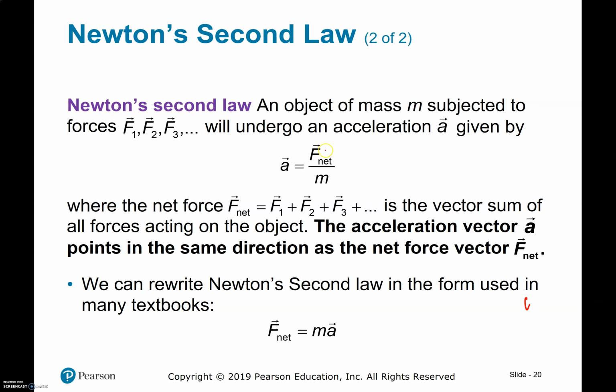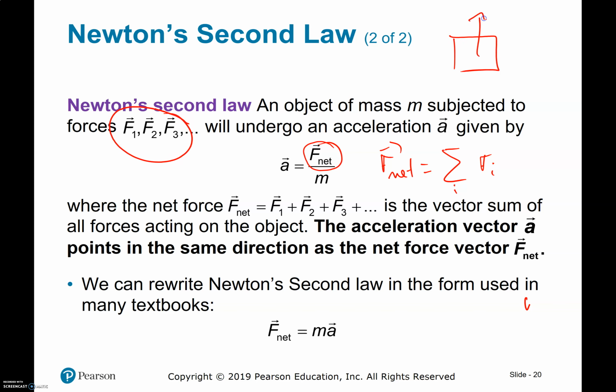So this force that appears here in Newton's second law is actually the net force, which is the sum of all the forces acting on a body. You can have a body with a normal force, a weight, a tension, and then friction.